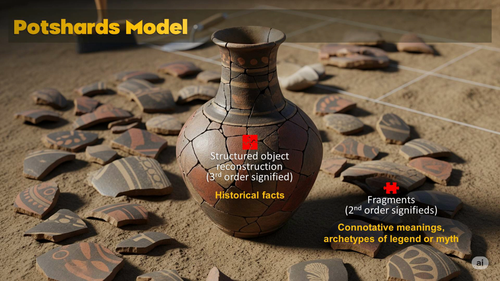Some fragments may be missing, but the overall form, the assembled pot, becomes recognizable and meaningful. Crucially, this assembled pot is more than just a sum of its parts. It is a new, higher-level meaning, a third-order signified, representing the complete, structured object as reconstructed from the fragments of narrative or evidence.